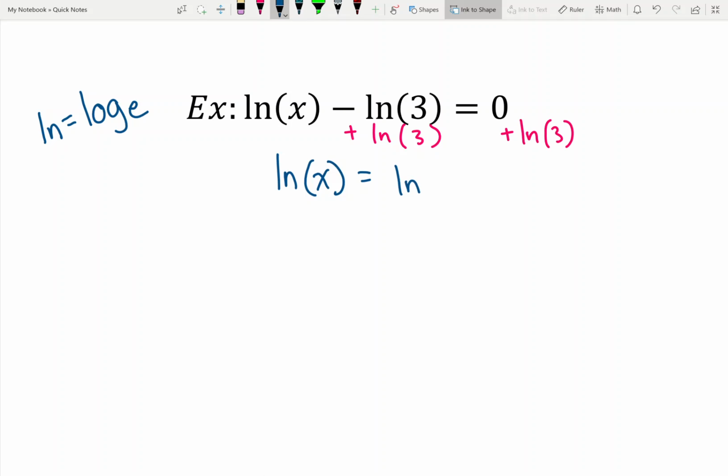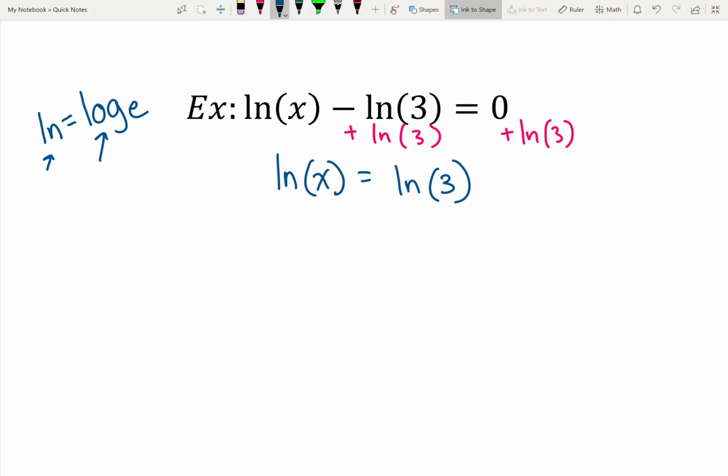All right. And now I have this x that's trapped inside this parentheses. I need to free him, okay? So I have to undo this ln, or this log of base e. They're the same thing, right?